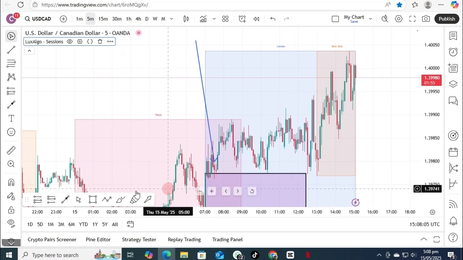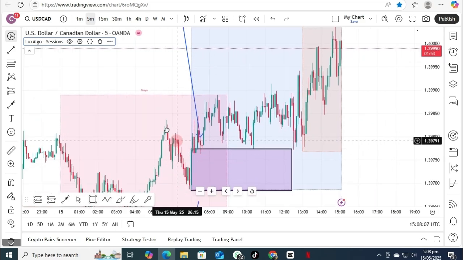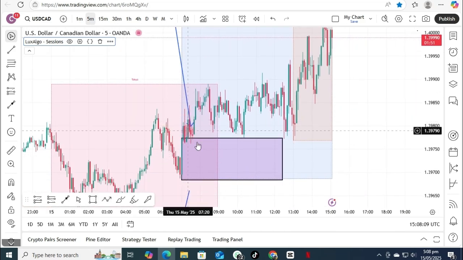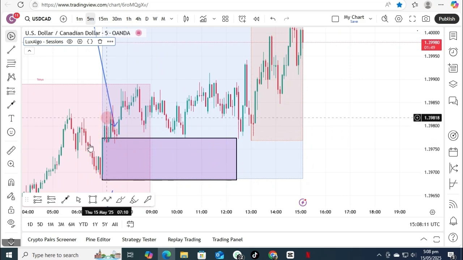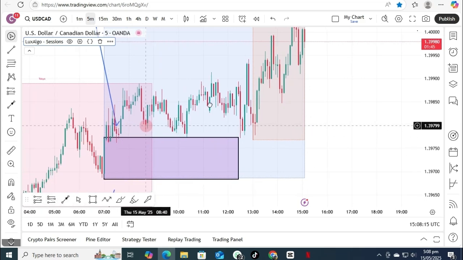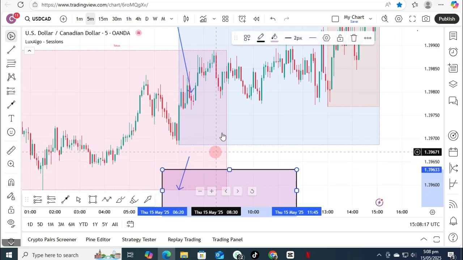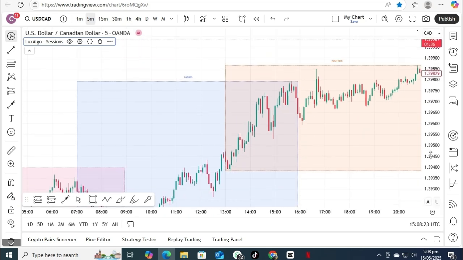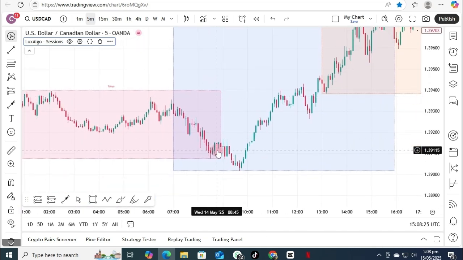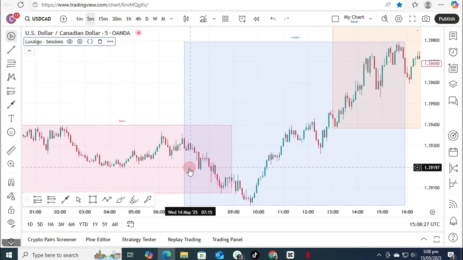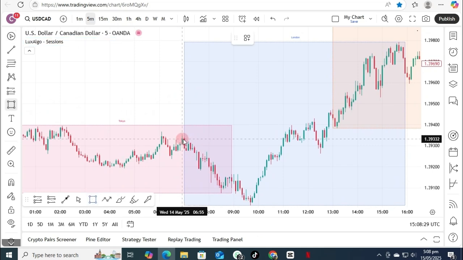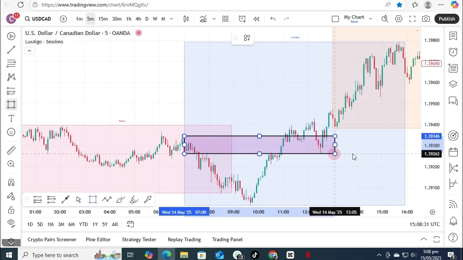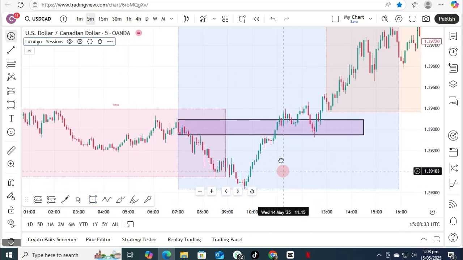I'm going to prove to you that this works. Let's say here it closed on a full candle. As you can see, the breakout was on a bullish candle, and price definitely went up after that. Let's see what happened on the next day. We look at the Tokyo session and where the London session begins, and we mark that first candle of the London session.